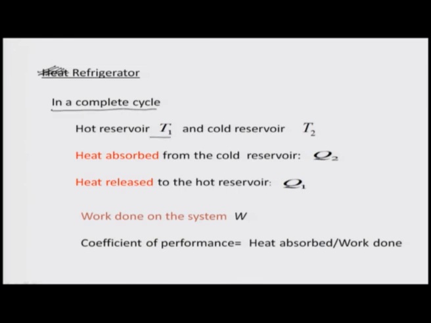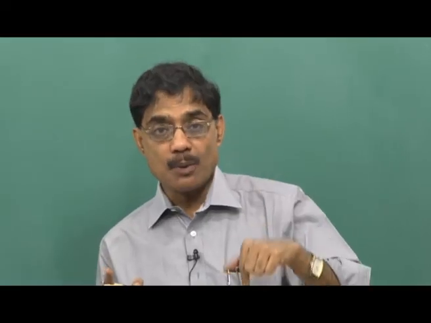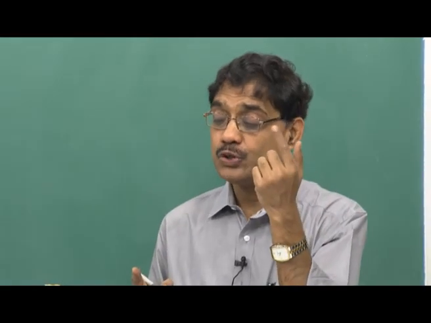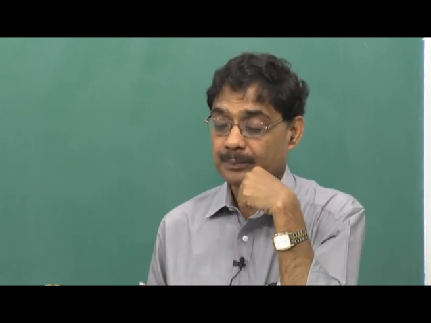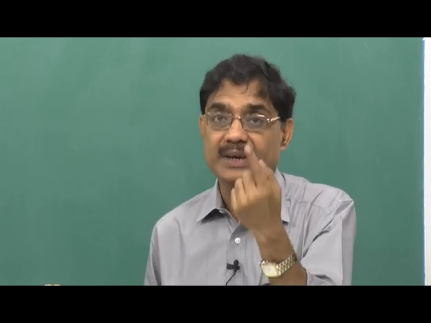Again we have two reservoirs, one hot and one cold, and I am asking the question, what happens in a complete cycle? Heat absorbed from the cold reservoir is Q2. Note, earlier in the case of the engine, heat was absorbed from the hot reservoir at temperature T1. The refrigerator does the other way around.